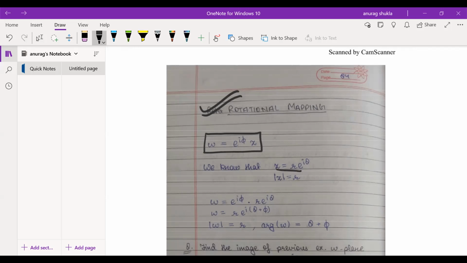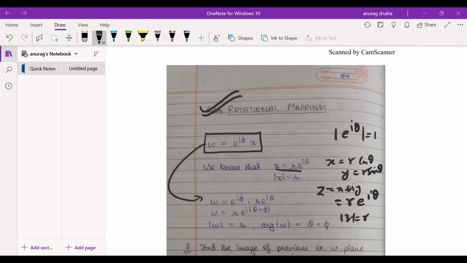I already told you this is the representation of a complex number in the polar coordinate system, where X equals R cos theta and Y equals R sin theta. Then Z equals X plus iY, which is R cos theta plus i sin theta, R e to the power i theta. We also told you the mod of e to the power i theta is 1, therefore mod Z equals R.